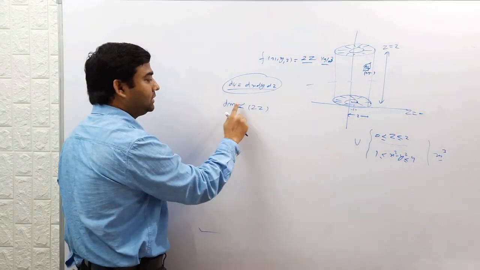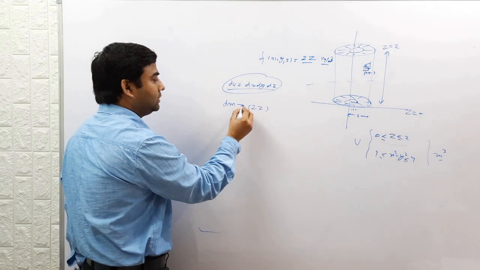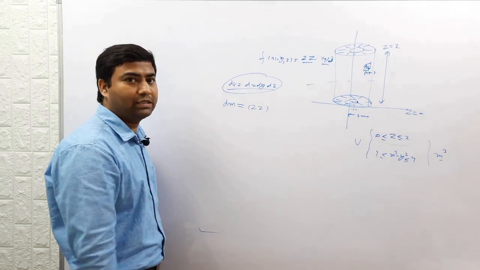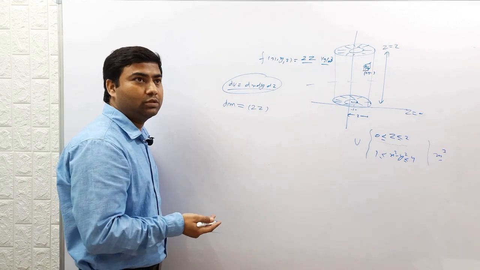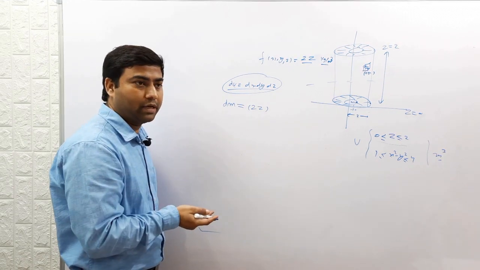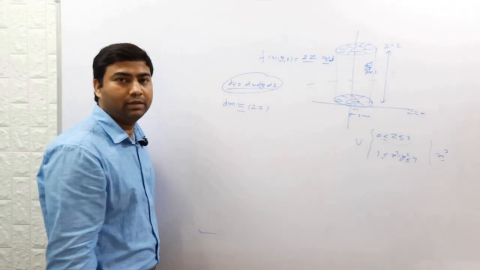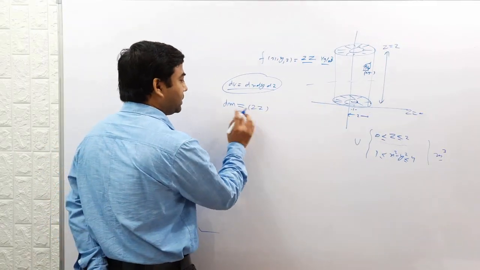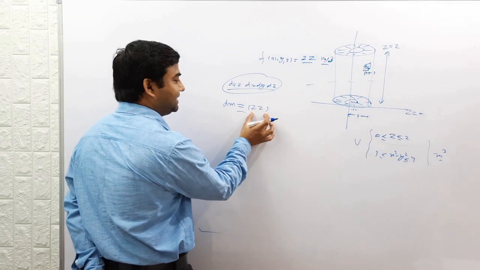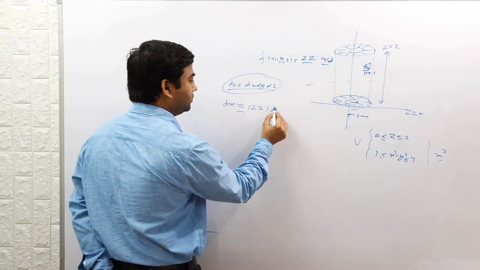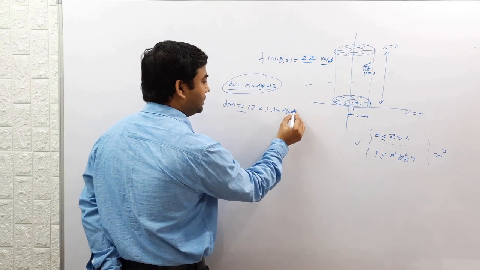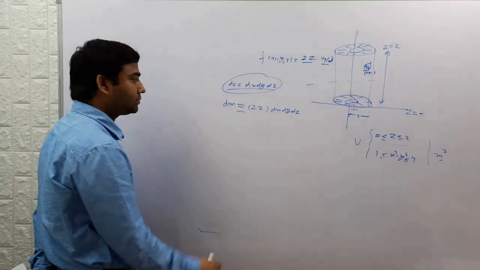This will be approximate, but we will use the equality sign as usual. It is understood that it is approximately equal to, but in general we use the exact equality sign. So dm is equal to density into volume, dx dy dz.